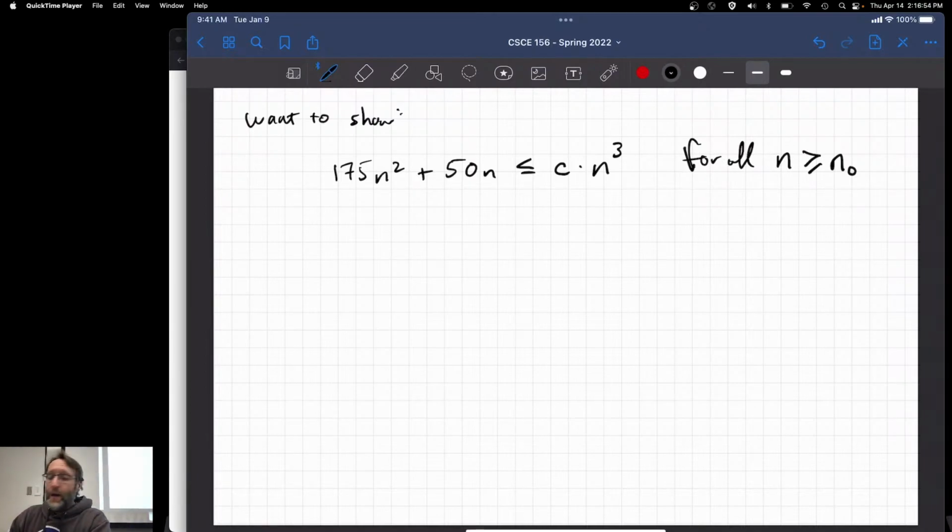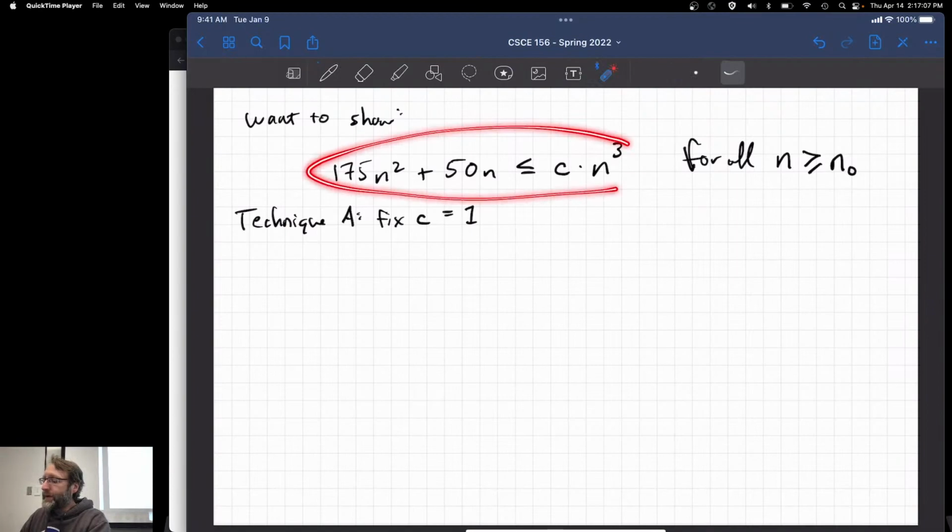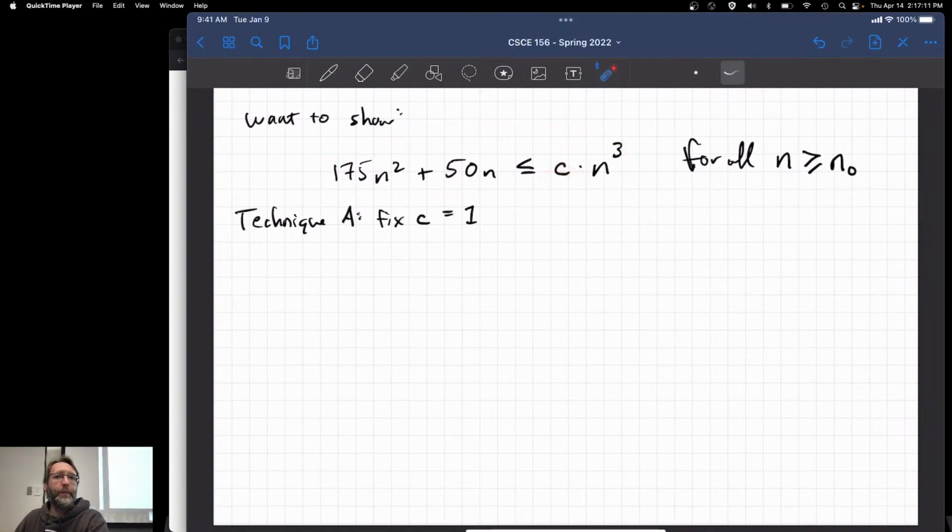Okay? Now approach A here, technique A, will be to simply fix c to be 1. Right? What happens to this inequality right here when I fix c to be 1? It goes away. Right?